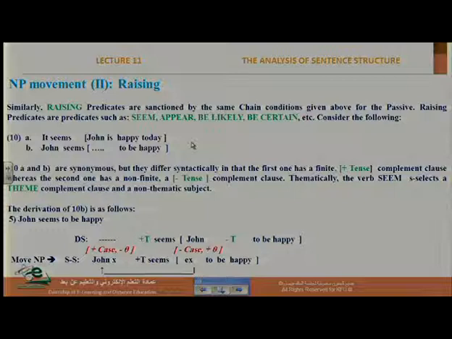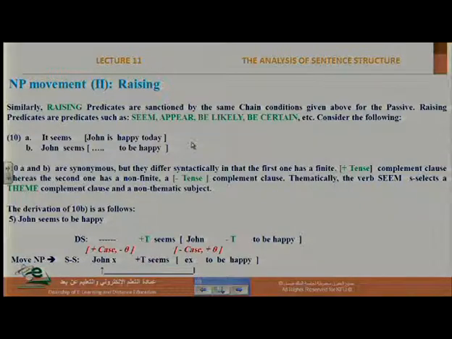The embedded clause here is John to be happy. There it is minus tense. And John, like I said, is in a position which is minus case. But it is a plus theta position because it receives its thematic role not from seem, because it's not the direct object of the verb seem. It's not a direct complement of it. The whole sentence is a complement of seem.